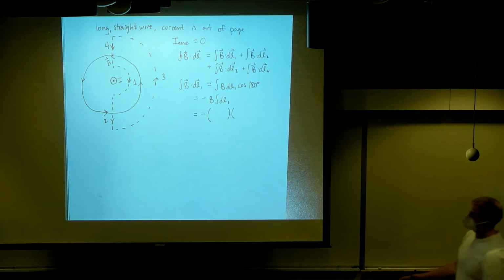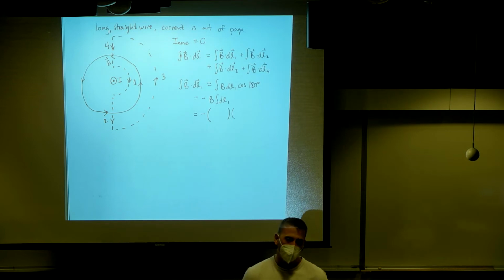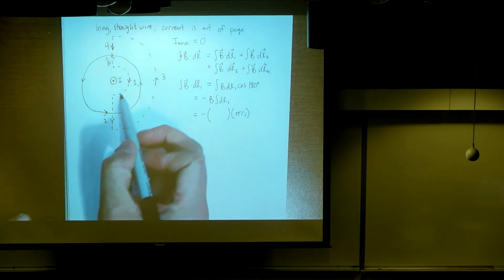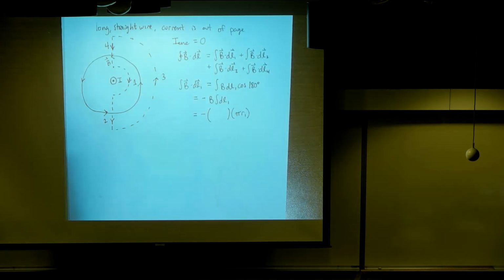I know if I have a full circle, the total distance around that is 2 pi r. So if I have half a circle, pi r, right? Pi r. And actually, I'm going to say r1 because that's the radius of this path. r3, this bigger circle, is going to be something else. So I just want to be specific here, okay?